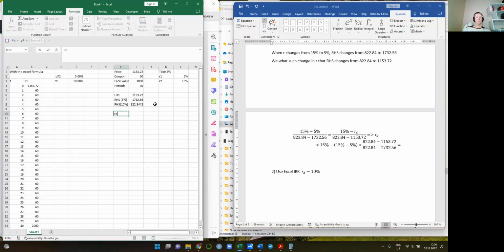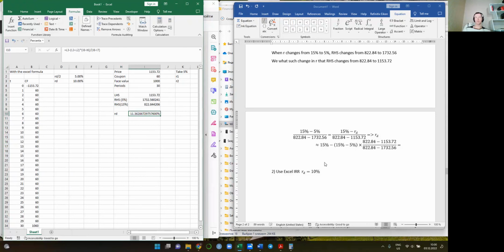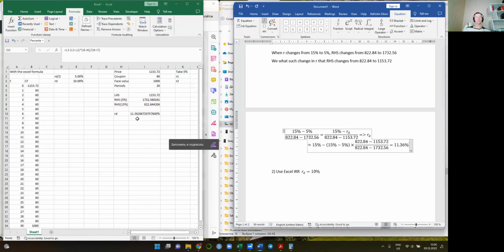So what is RD approximately according to this approach? 15 minus 5 multiplied by the difference of this minus this divided by this minus this. It shouldn't be exactly 10%, of course, as I said, it is going to be approximately 11.36.